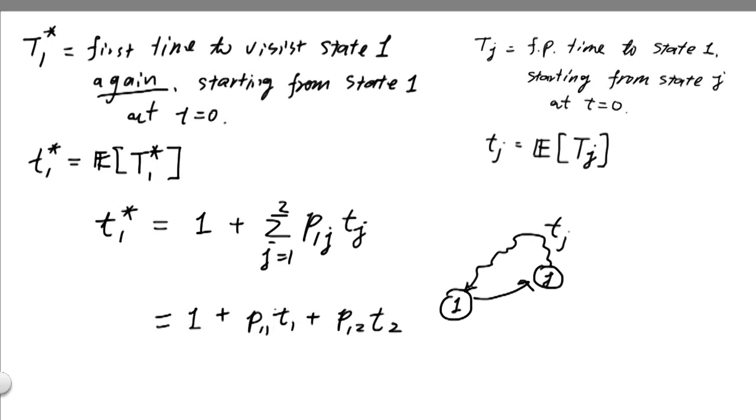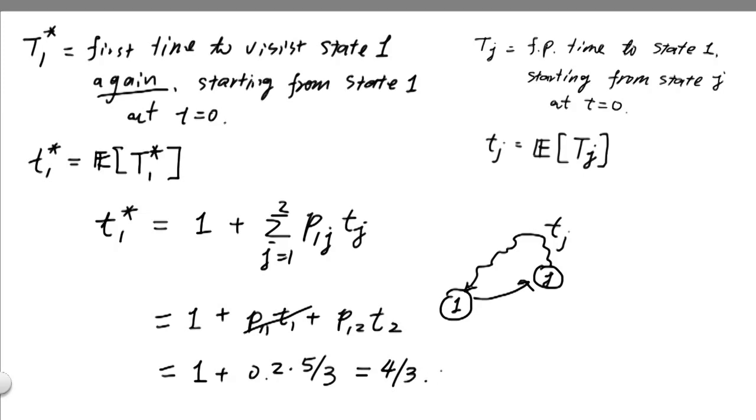As before, T1 now is just the expected first passage time from state 1, and by definition it is 0 because if we start from state 1, it's already in state 1 and takes 0 time to get there. So like before, this term goes out, and we have 1 plus 0.2 times 5 over 3. This number came from the previous calculation of T2, and this gives us 4 over 3.